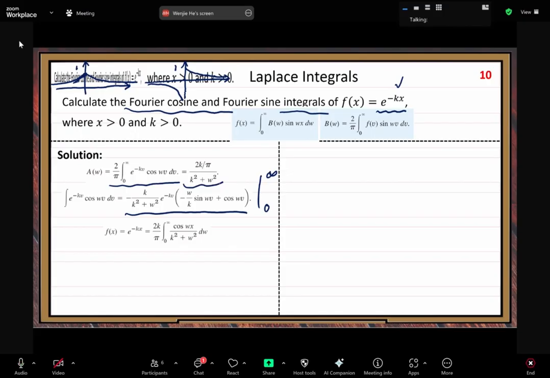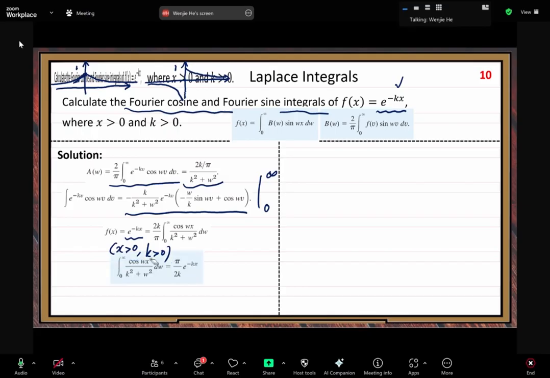Consider when you write this function, you restrict yourself to x positive, k positive. So you have to do the evaluation in this special case interval. Then you have this expression.